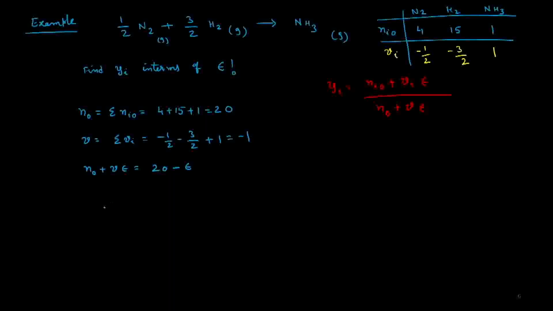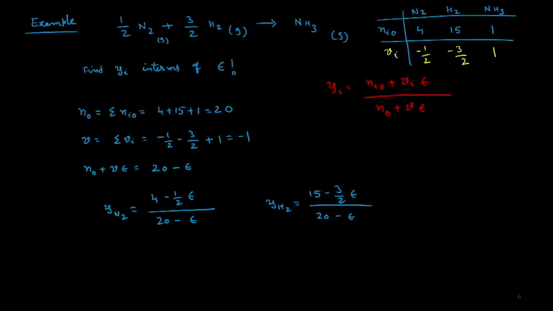Now if I want to write the expressions for the mole fractions, y N2 is going to be n i naught for N2, which is 4, plus nu i for N2, which is -1/2, times epsilon, over 20 minus epsilon. Similarly for hydrogen, it is 15 minus 3/2 times epsilon over 20 minus epsilon.